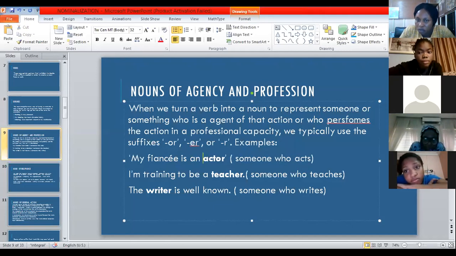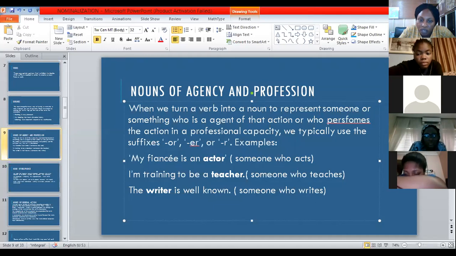Now, who is an actor? Someone who acts. So the verb there, as we can infer from this sentence, is the word act. But because there's someone performing the action of acting, it becomes what? Actor. How did you get actor? By simply adding the suffix -or. The second example: I'm training to be a teacher.